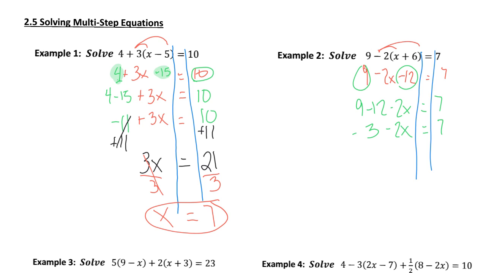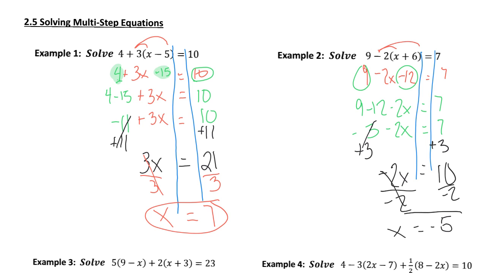And now we do the opposite of subtraction, which is adding 3. On the left, I'm left with negative 2x equals 10. Divide by negative 2. And I'm left with x is equal to negative 5. Okay, that's a 5, in case we didn't know. So negative 5 there.